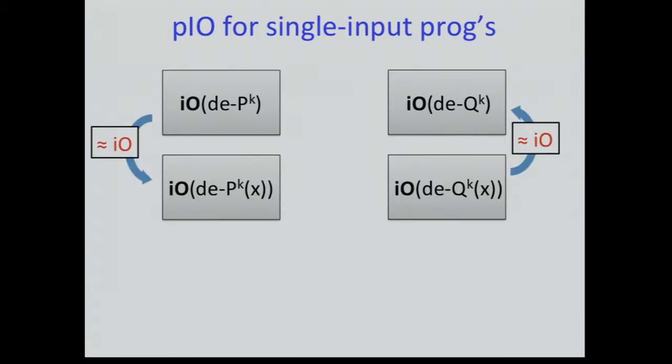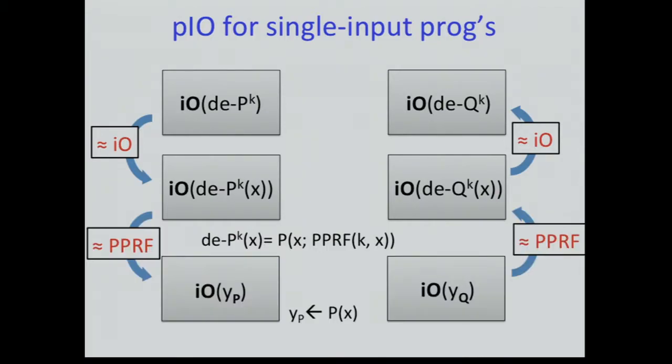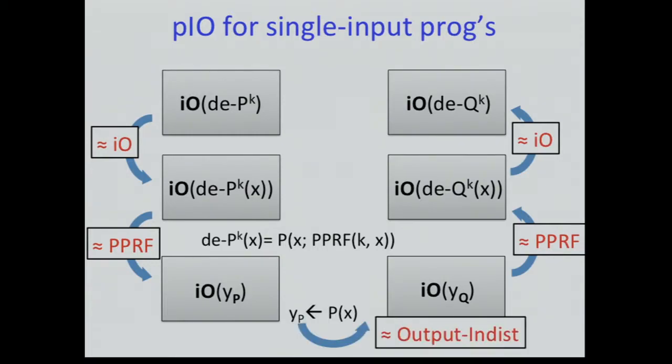Since the programs have only one input, I might as well just hardwire the output. What they are is essentially the output of the original program using some pseudo-random coins. And since the PRFs are indistinguishable, I might as well just hardwire a randomly sampled output. And now, because the outputs are indistinguishable, we have a bridge.